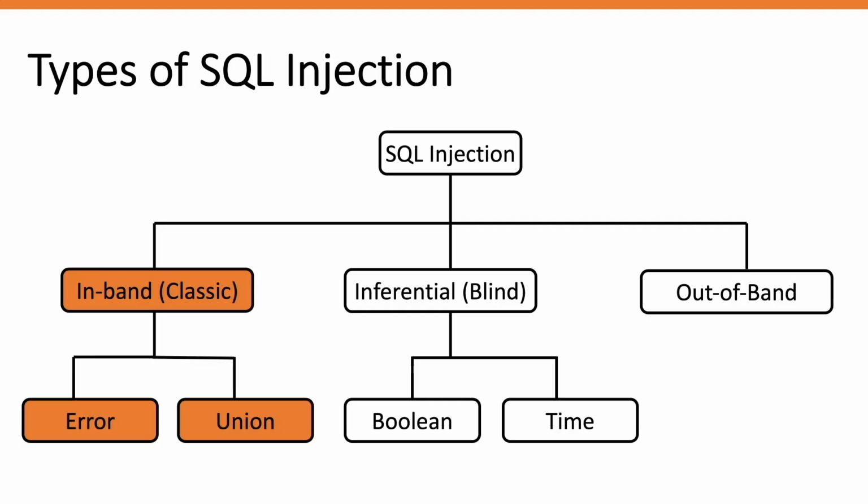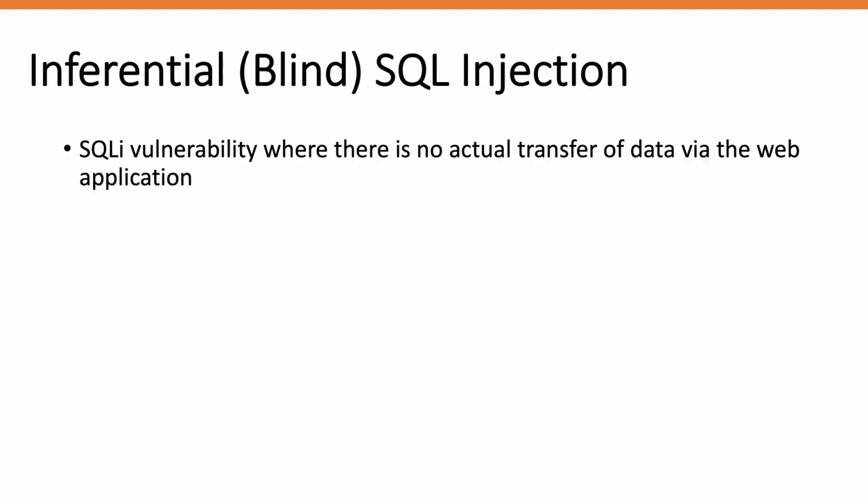Okay, so that covers in-band or classic SQL injection. Next, let's talk about inferential or blind SQL injection. Inferential or blind SQL injection is a SQL injection vulnerability where there's no actual transfer of data via the web application. So unlike in-band SQL injection, where we directly saw the output of the SQL injection displayed for us in the application, in the case of blind SQL injection, the database does not output data to the web page.